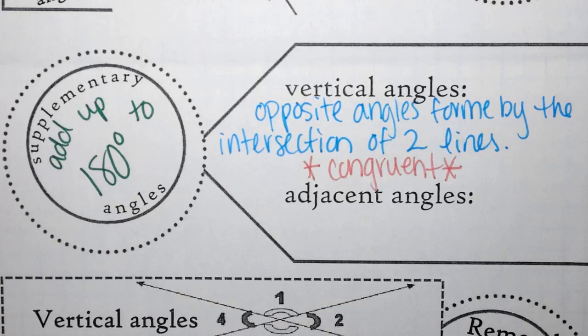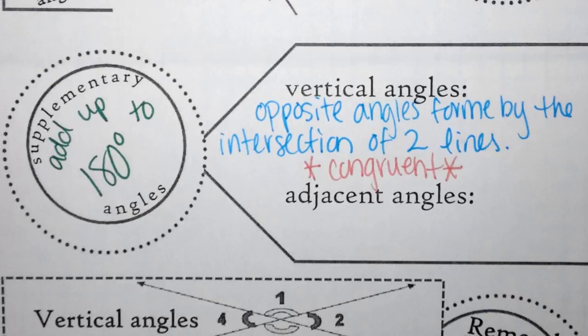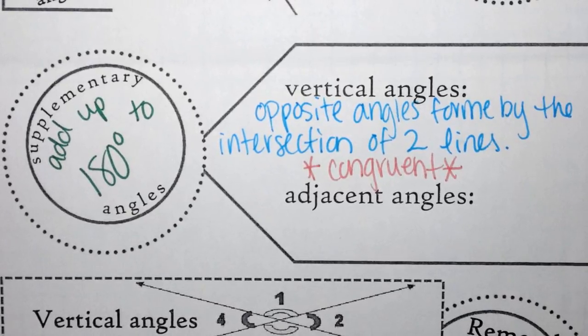What about adjacent angles? What do they share? What do they have in common? A vertex and a ray. Awesome. Good. Both of you take a point.